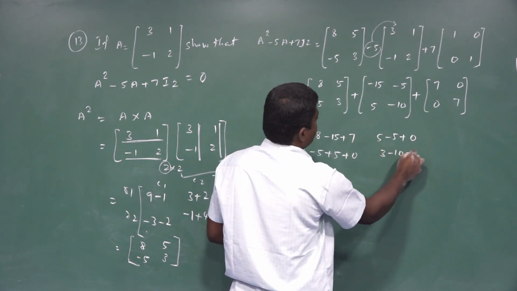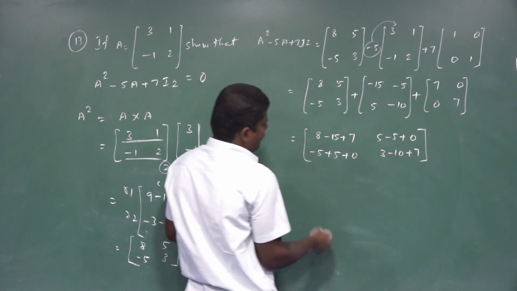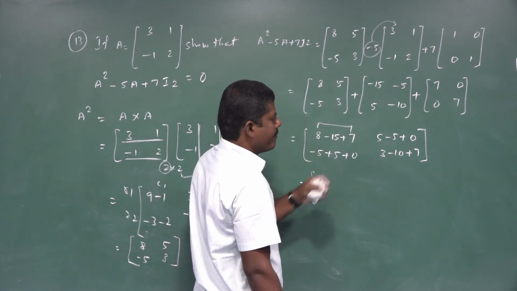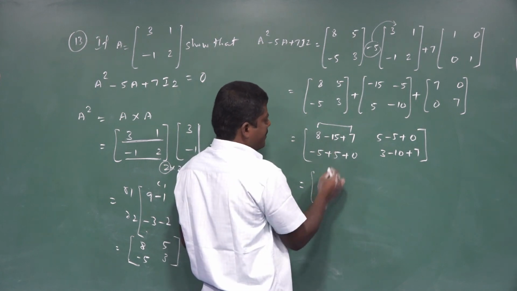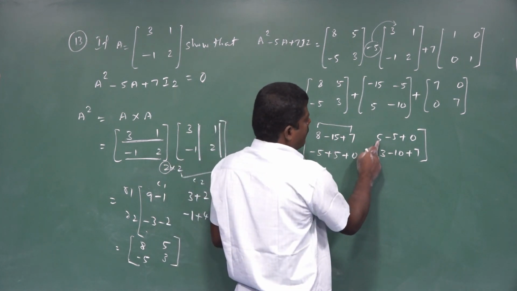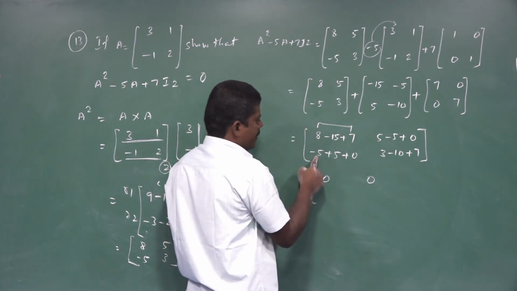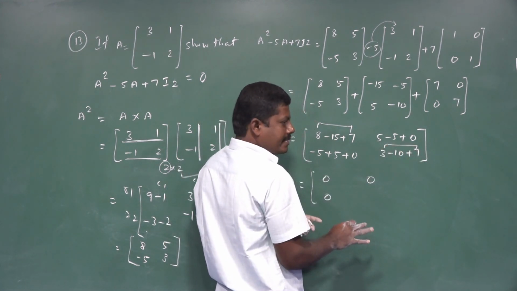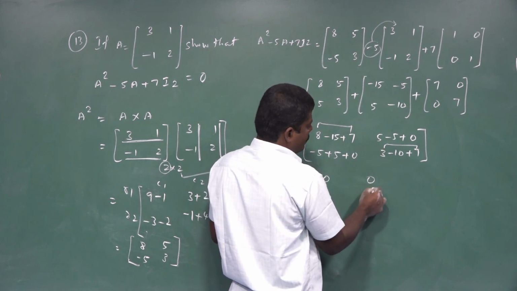Finally we get 8 plus 7 is 15, minus 15, 0. Plus 5, minus 5, 0. Minus 5 plus 5, 0. 3 plus 7, 10, minus 10, 0.